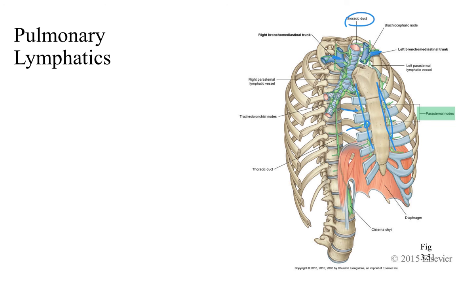Some of it's going to empty into the right subclavian vein as well. So just be aware that there is lymphatic drainage along the parasternal nodes, and it ends up dumping in the same place that the thoracic duct dumps into, and then some other duct systems on the right side, which we'll get into when we get into the lymphatic system.